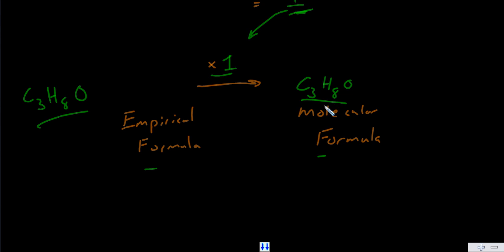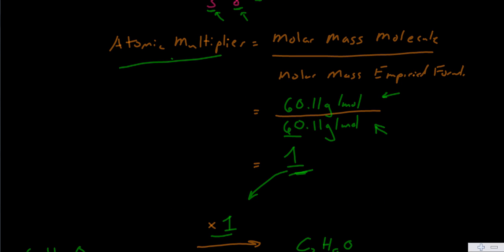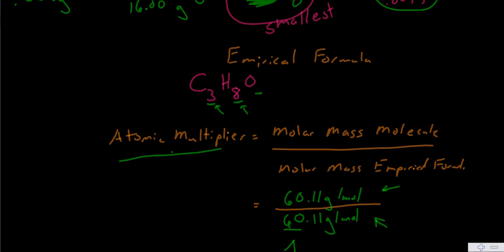You're able to convert from empirical to molecular formula using the atomic multiplier, because if the molar mass of the molecule is, say, twice as much as the molar mass of the empirical formula, then the molecule must be twice as large. It must have twice as many atoms.